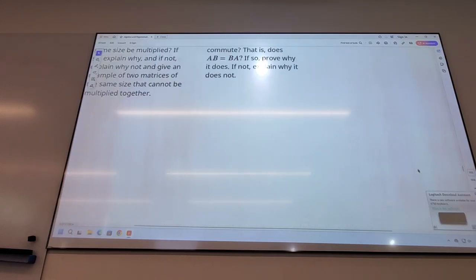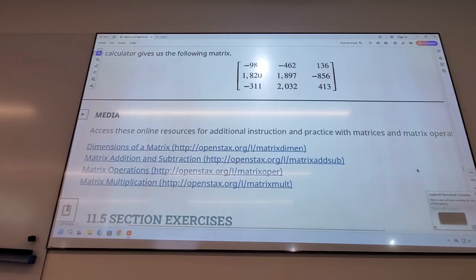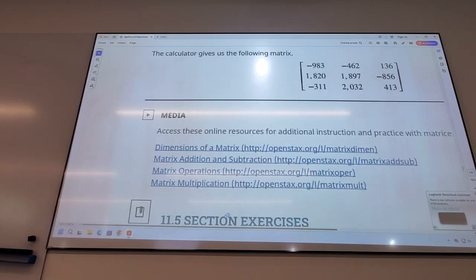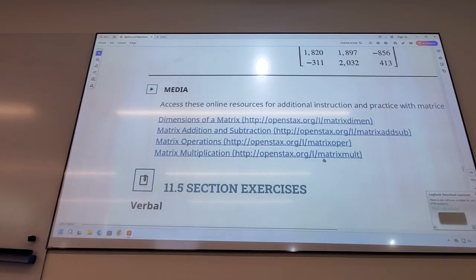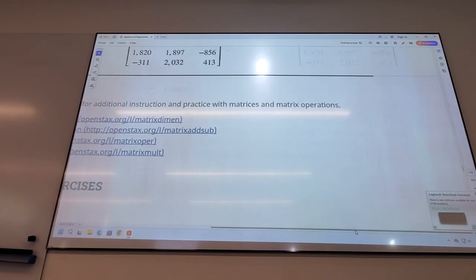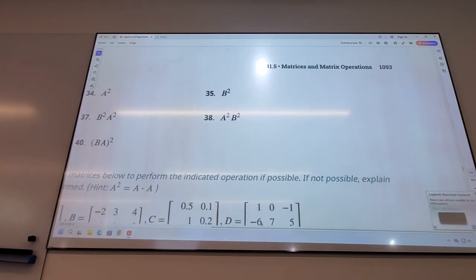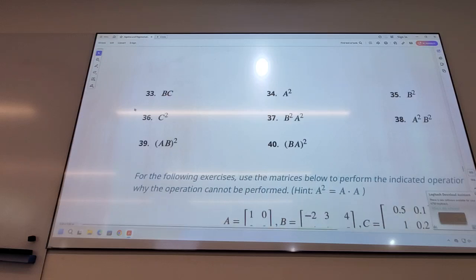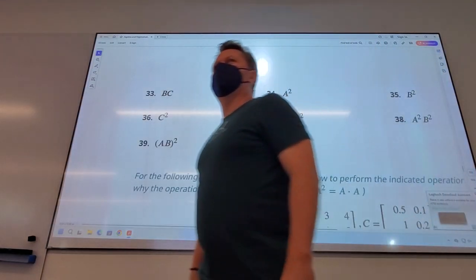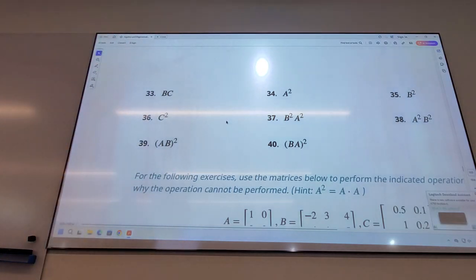All right, Jack, you gotta help me out, buddy. What section am I in? I'm in section 11.5, and you said what now? I did say 11.5. Yep, and you said number 36. Where did I pull this from? I don't know. I could guess. That's the problem though. I'm not sure what yours says. What does yours say?